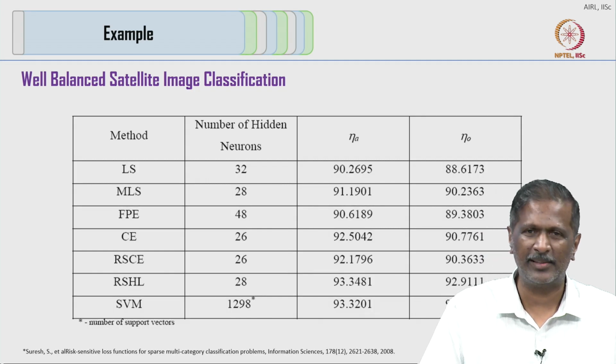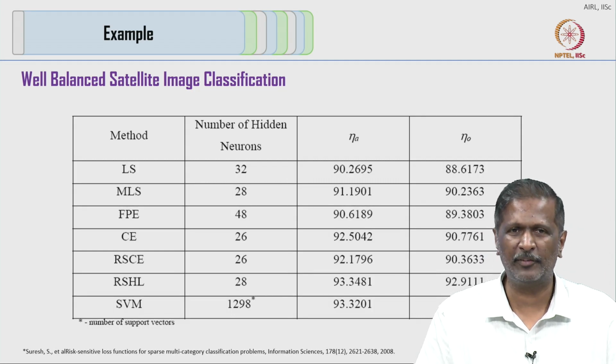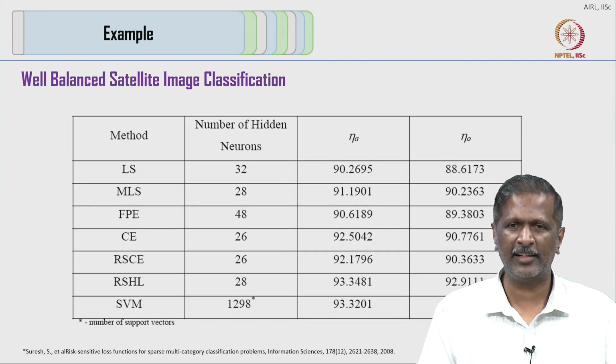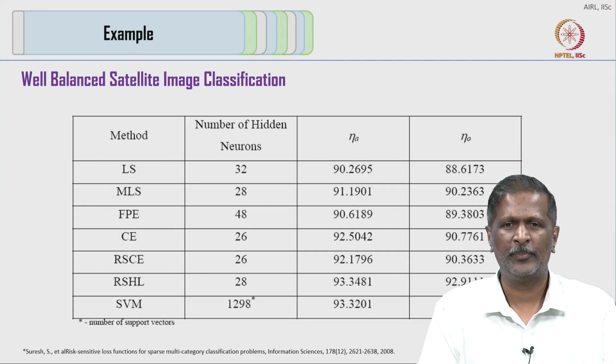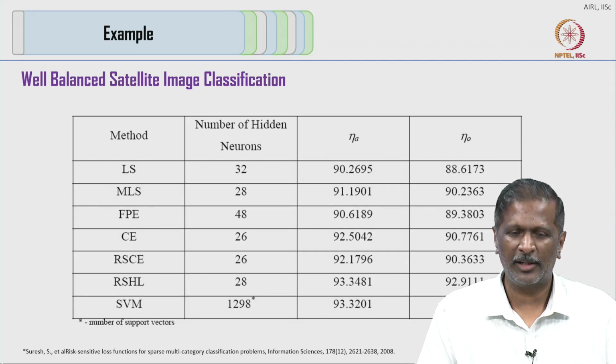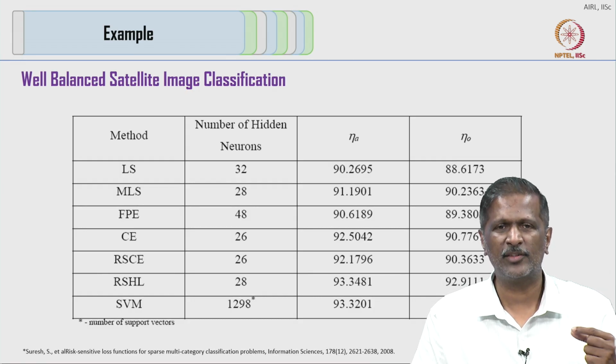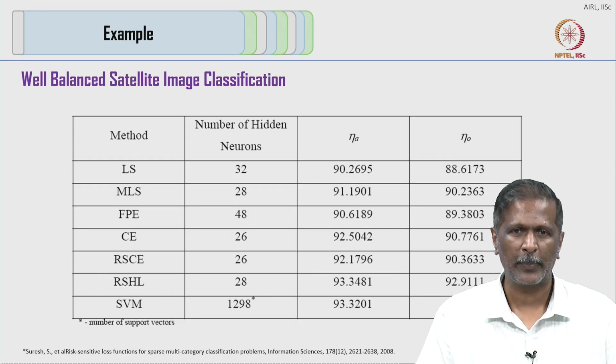I am trying to do the optimization: let me try 15 neurons, 20 neurons, 25 neurons. I look at the validation performances, and based on that I see which architecture comes closer to my optimal. But again, the choice of loss function is also going to affect this.